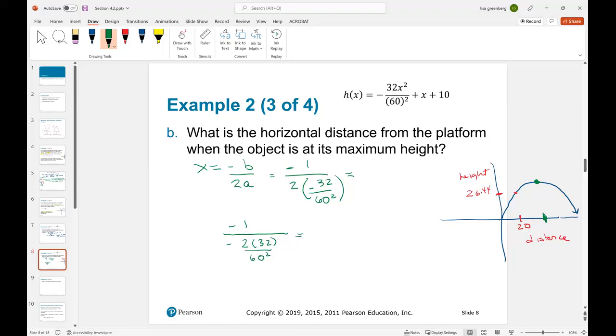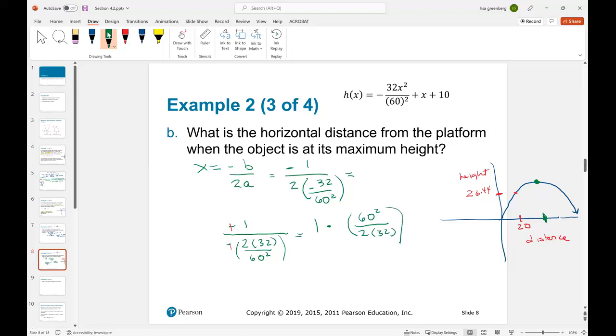The negatives cancel and become a positive, right? And we end up with 1 divided by this fraction, which means we just do keep, change, flip. So it's going to be the same as 1 times 60 squared over 2 times 32.